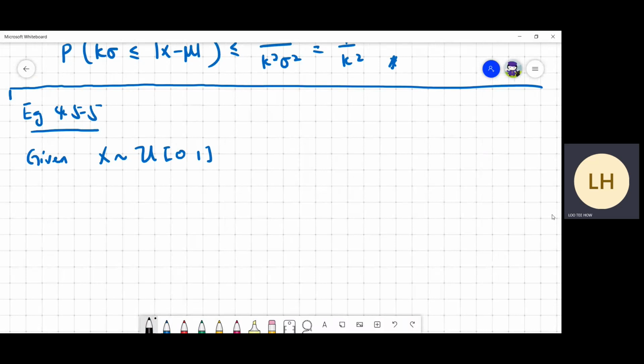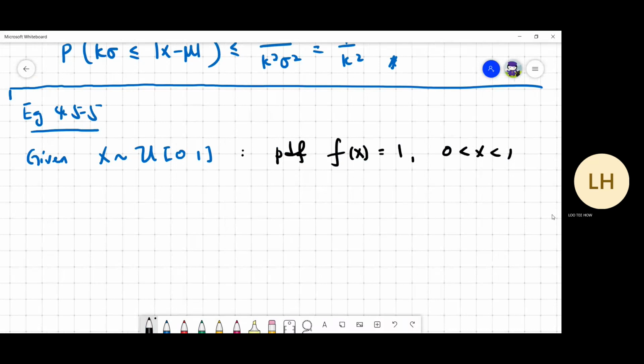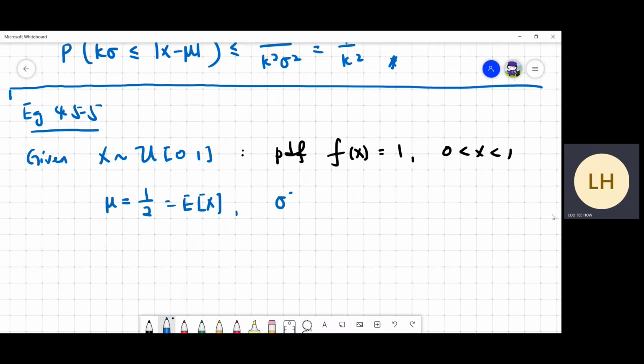So what does it mean? This means that the PDF is given by f of x equals 1, where x is between 0 and 1. This is a standard distribution, so we already know the mean will be 1 over 2. This is actually the EX, the mean for X. And also we know the variance will be 1 over 12, an easy calculation. That is the variance for x.